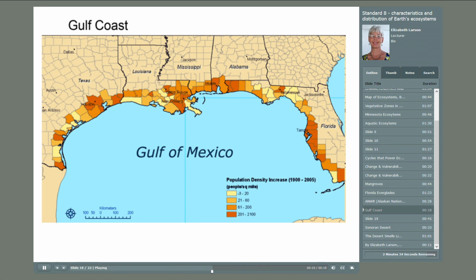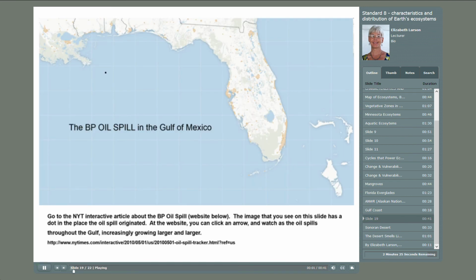The map on this page shows us the population density of the states around the Gulf Coast region. This slide of the Gulf Coast is from a map from a New York Times article about the BP oil spill in the Gulf of Mexico.